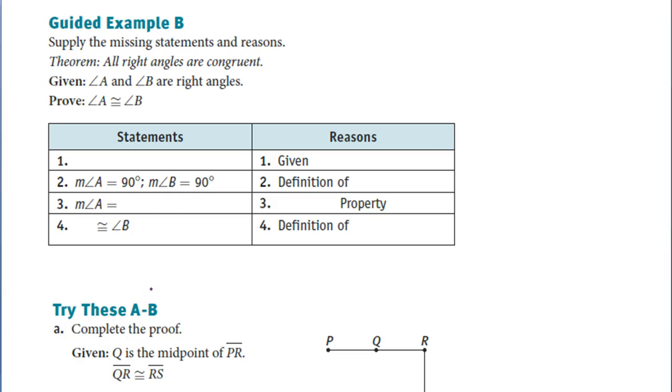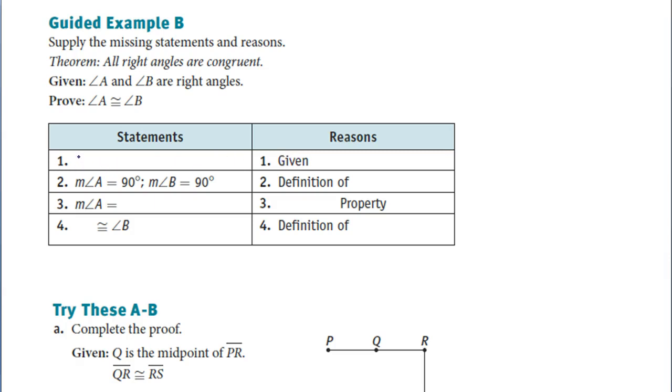Here's example B. Supply the missing statements and reasons. The theorem that we're trying to prove is that all right angles are congruent. So here's some given information. Angle A and angle B are right angles. Let's prove that they're congruent. So as is usually the case, the very first statement of a proof is to write down the given information.